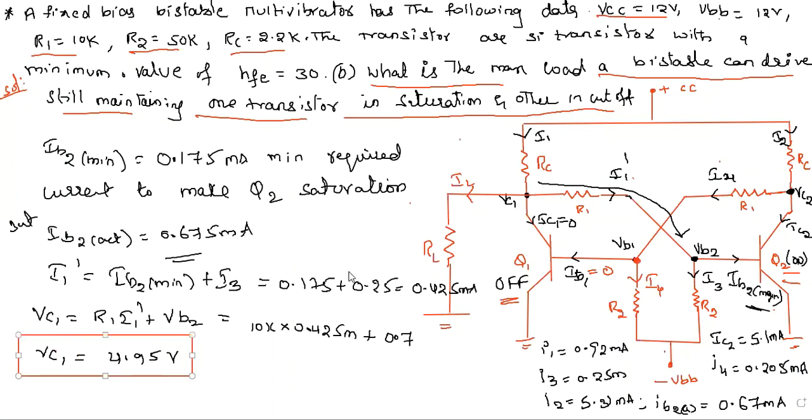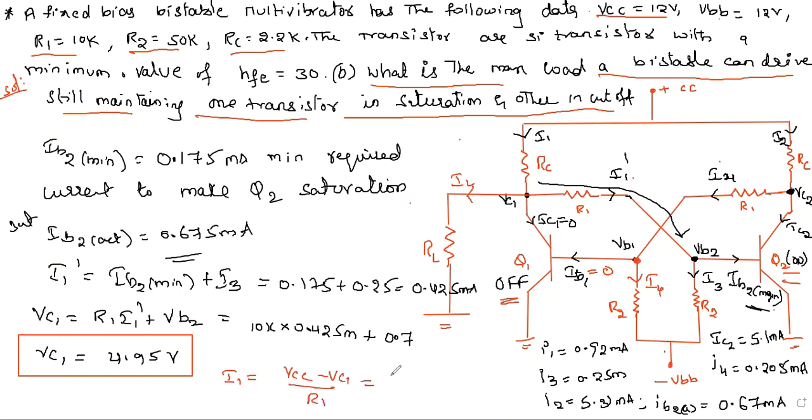With this modified VC1, let us calculate the actual current I1 required. I1 is VCC minus the modified VC1, divided by R1.